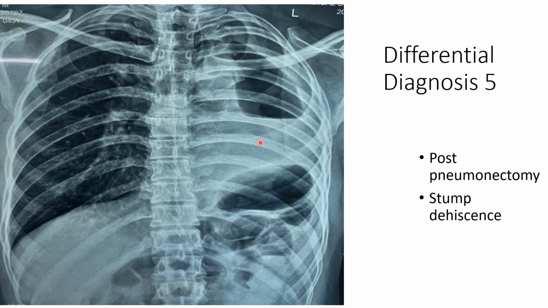Everyone has two lungs, but in post-pneumonectomy, you have only one lung. So any infection on that lung will cause severe dyspnea, severe infection, a very critical condition. So you have to avoid any sort of infection in post-pneumonectomy patients. And with a new onset air fluid level in post-pneumonectomy patients, always think of stump dehiscence and air leak from it.